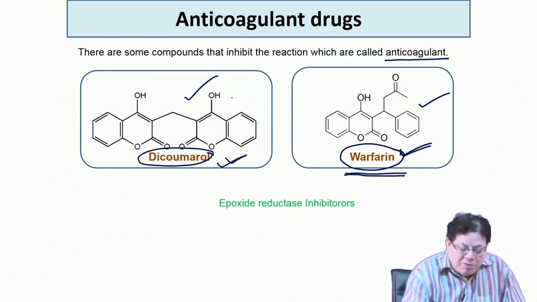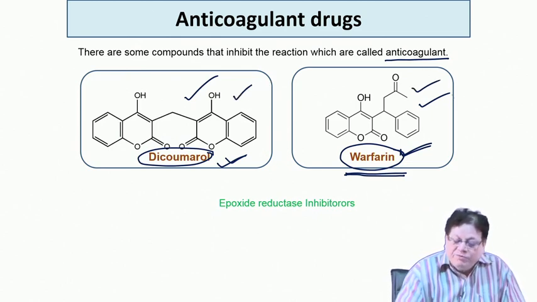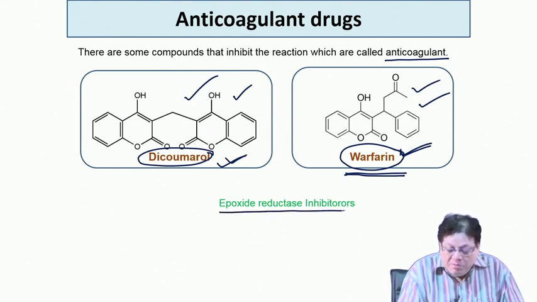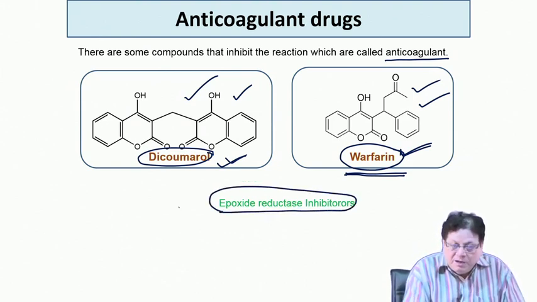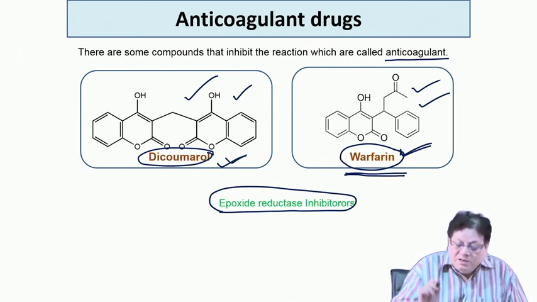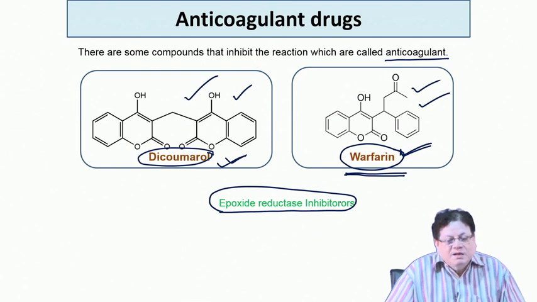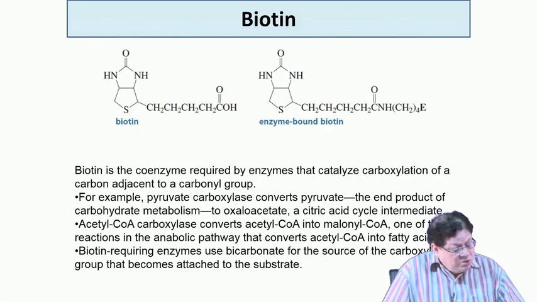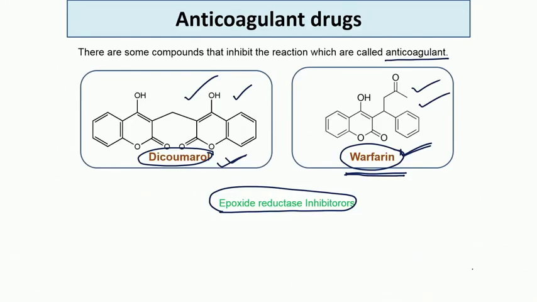Now, these compounds, dicumarol and warfarin, work as inhibitors of the vitamin K epoxide reductase. So, they inhibit that enzyme and cut off that catalytic cycle. That is why they are anticoagulant drugs, very effective, very important.